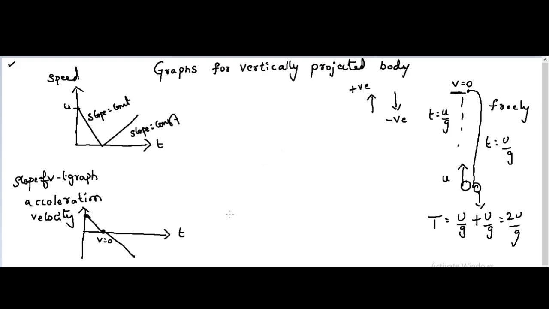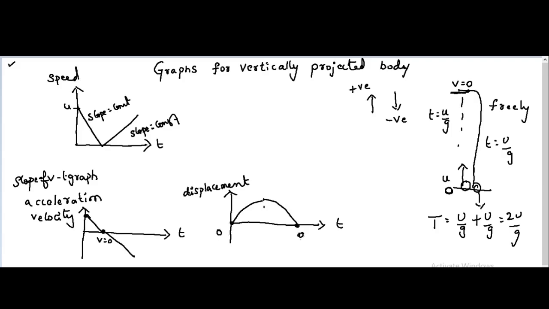And then if you draw a displacement time graph, see, it starts from 0. Take this as the horizon, and it reaches the greatest height, and then again falls freely and reaches zero displacement.